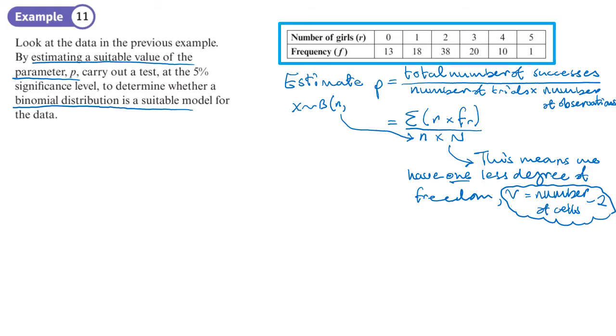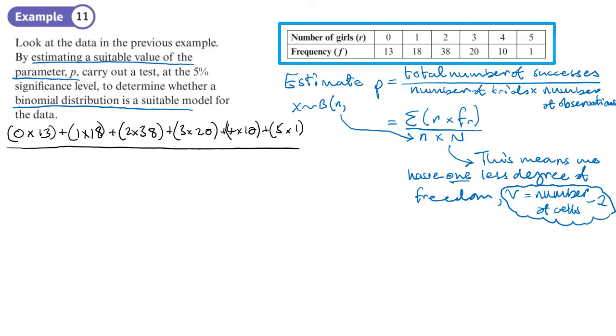Using a formula, we're going to have 0 times 13, so we're going to have the sum of these, plus 1 times 18, plus 2 times 38, plus 3 times 20, plus 4 times 10, plus 5 times 1, so that's R times the frequency of R, so that's the total number of successes, over N, which is the number of trials.